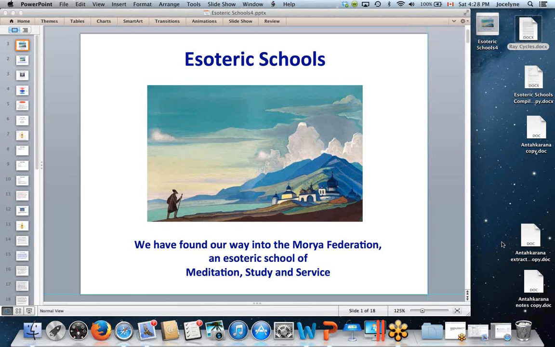It's not so much that the second ray influences the other rays. I would word it a little differently. All the rays are part of the overriding ray, which is the second ray. And so therefore everything is tinged by love. And love is the mandate for this particular solar system.